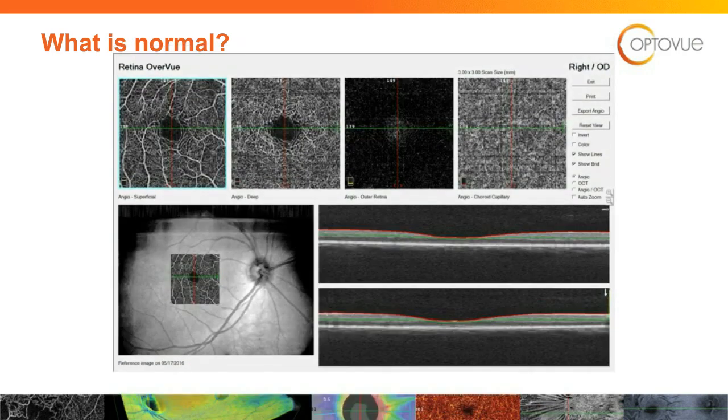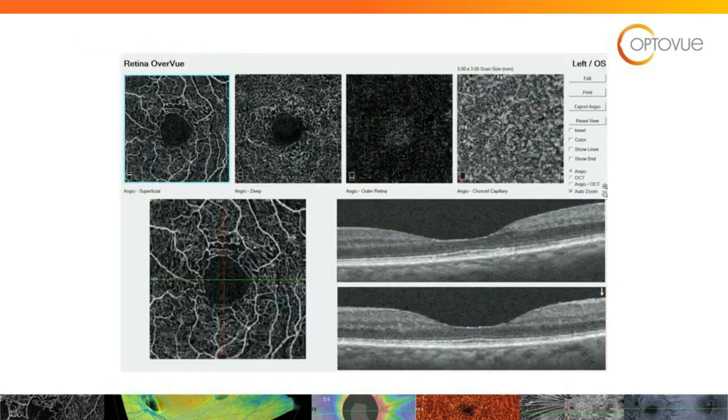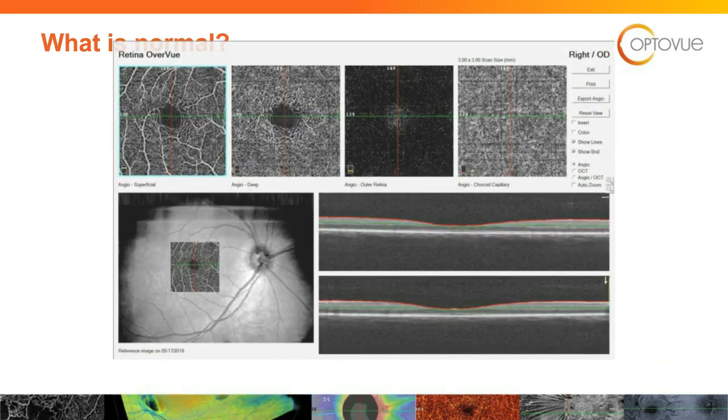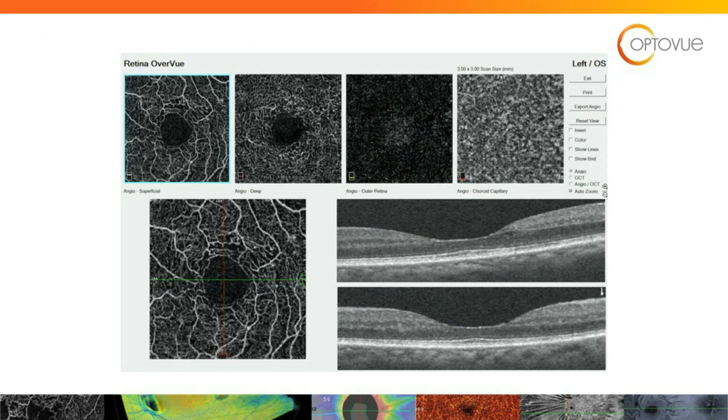In an early diabetic, one of the most profound FAZ enlargements that I have seen. Again, there's the early diabetic. And that FAZ area is much bigger here compared to, there was the normal, one more time, and there was the early diabetic. And you can see some MAs on this scan.